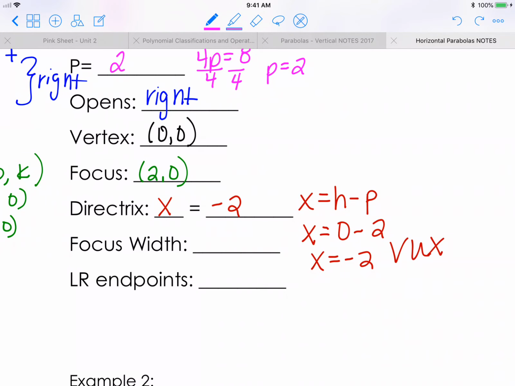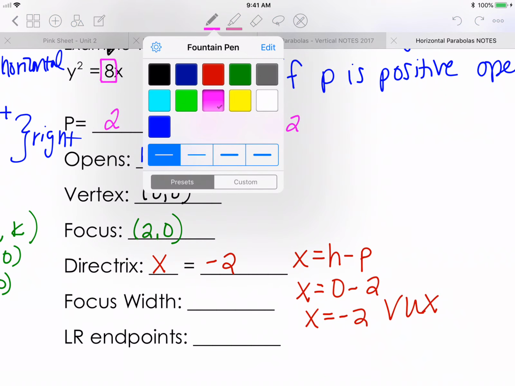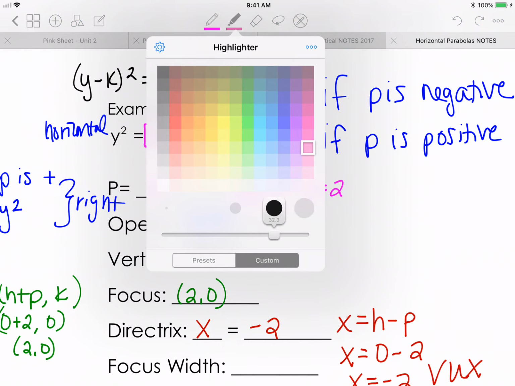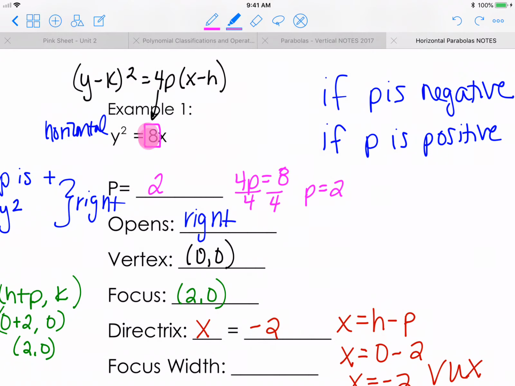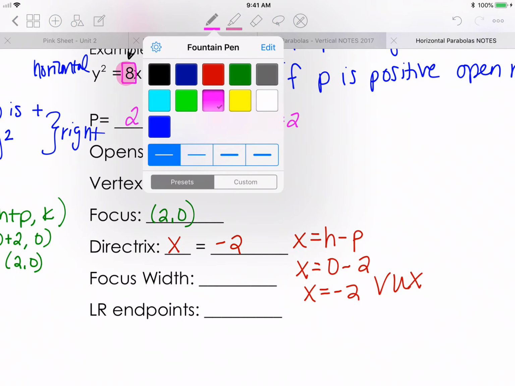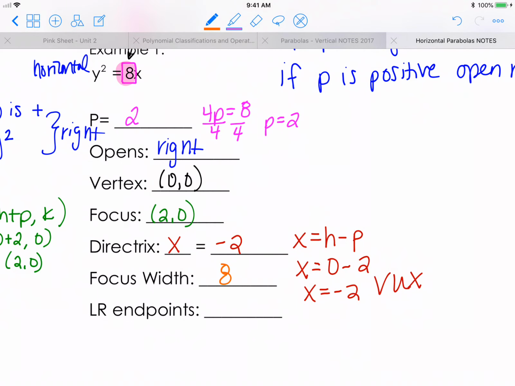All right, now we've got our focus width. Same thing as before. Remember, it's going to be the absolute value of 4p, which is exactly what this is. Remember, your 8 right here. Okay, so your 8 represents that 4p. So your focus width is just 8. So that means we're going to have to divide that by 2.